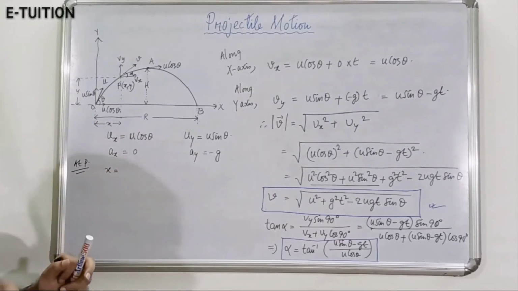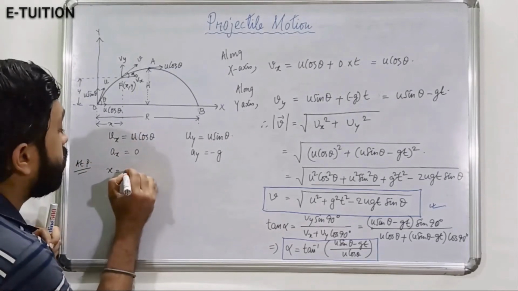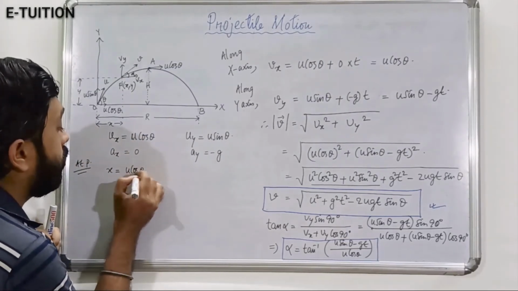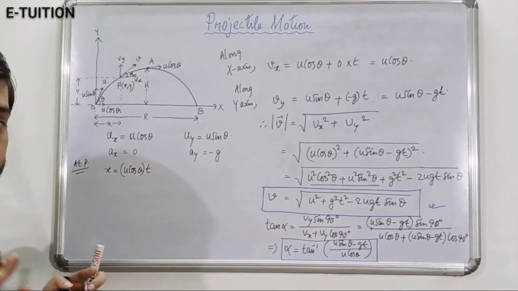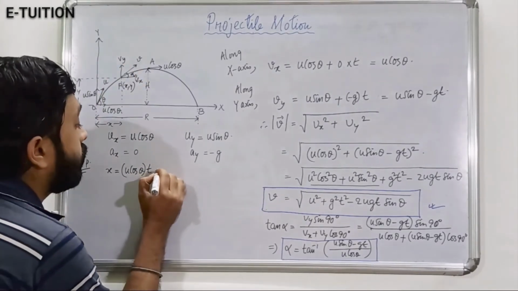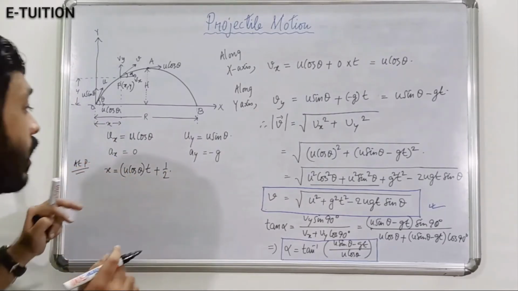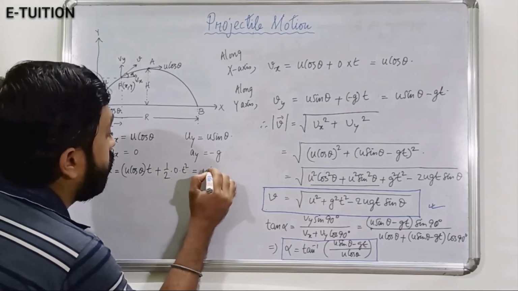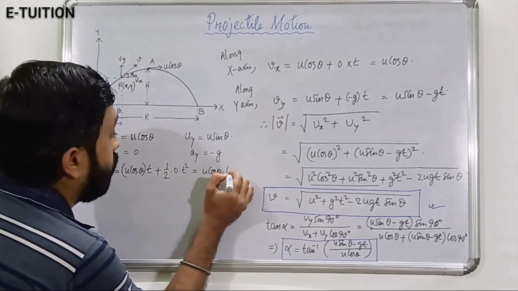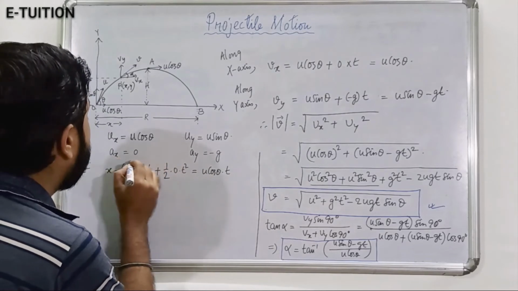u means initial component of velocity along the x-axis, which was u cos theta. u cos theta into t, because v was the velocity assumed after time t, plus half at square. Acceleration along x-axis is 0. So x equals u cos theta into t.